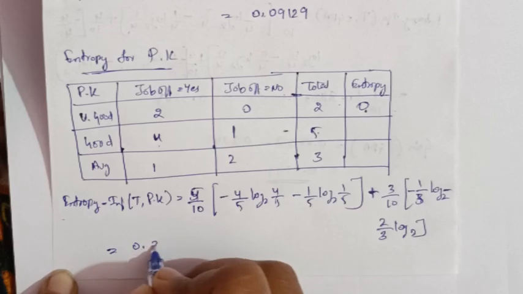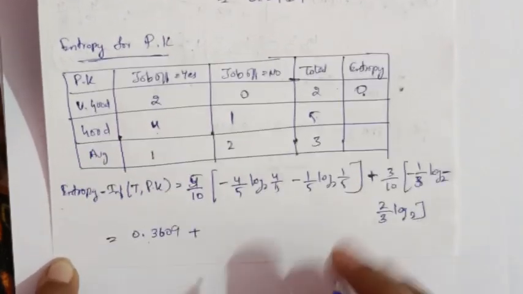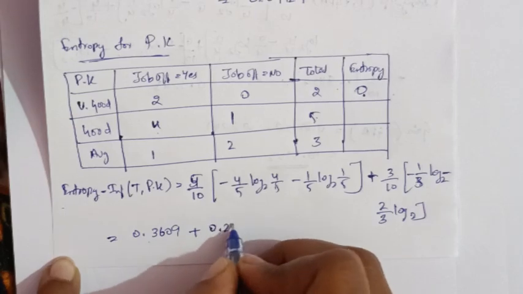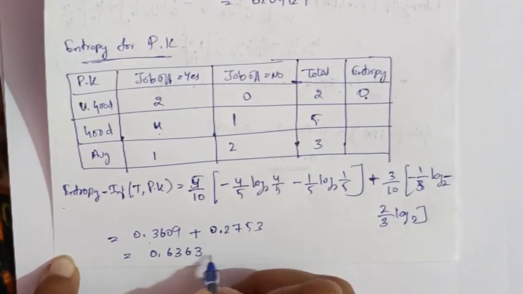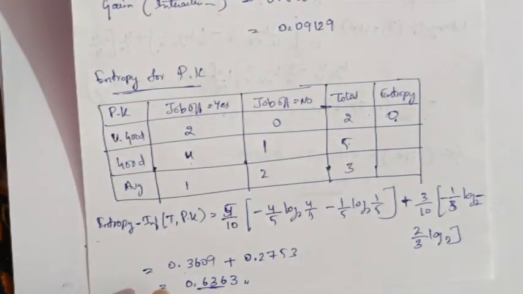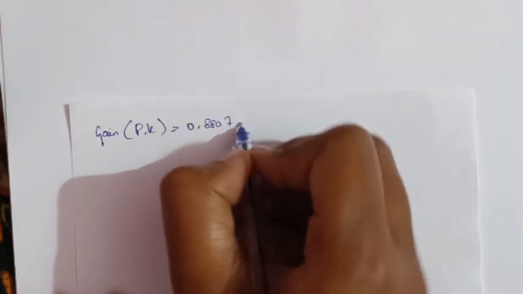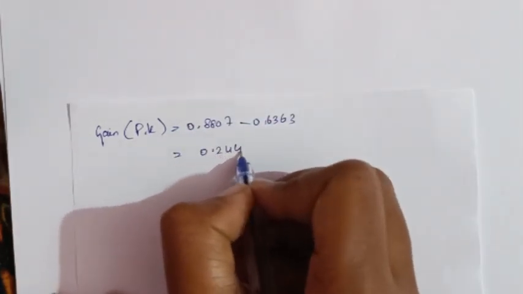Here we will get 0.3609, plus for this we will get 0.2753. Total is 0.6363. Now we have to calculate gain. Gain for practical knowledge, we will get 0.8807 minus 0.6363, which is 0.2449.